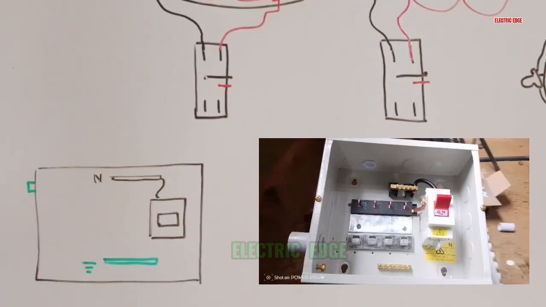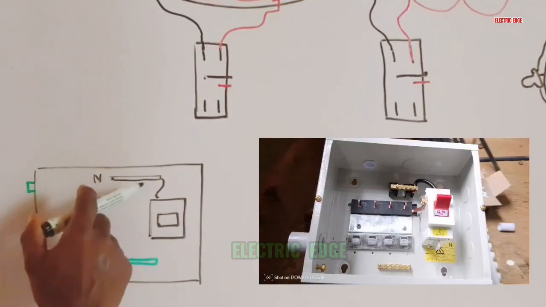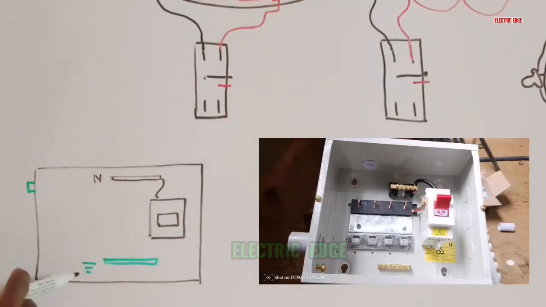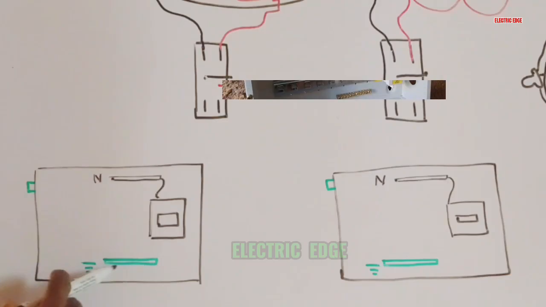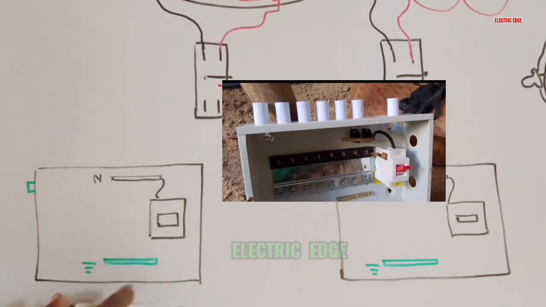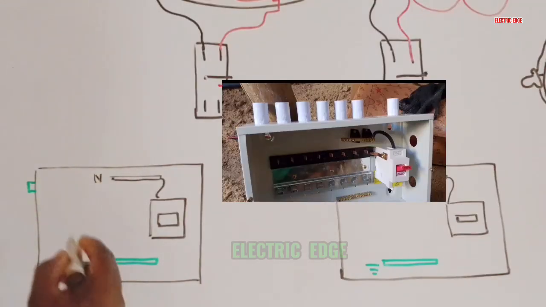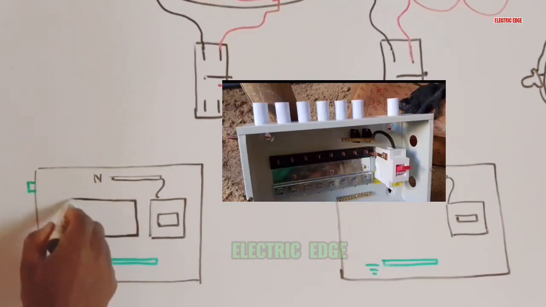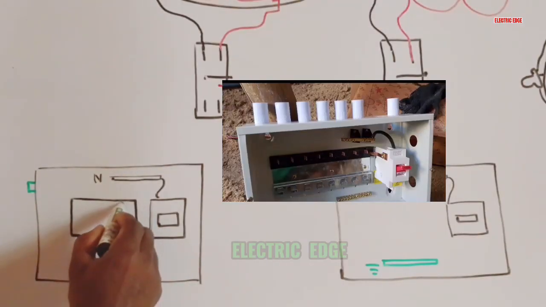This single phase DB is manufactured in such a way that the neutral terminal, or the neutral bar, is here, while the earth bar or the earth termination points are below. Then this switch is the MCB, the main circuit breaker. It has other circuit breakers. Let me show you. Here are other circuit breakers. Let's say this is a single phase 4-way DB.